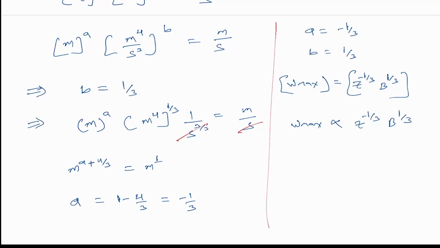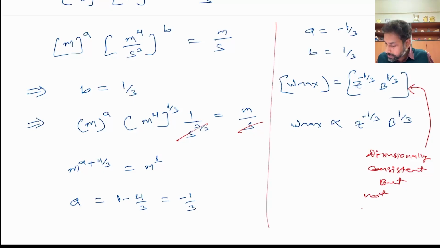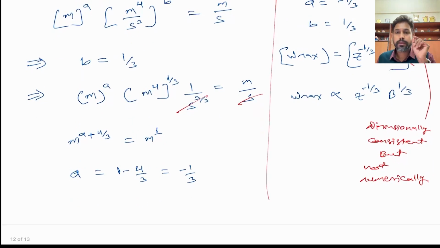Okay, so basically this equation is dimensionally consistent but not numerically, right?